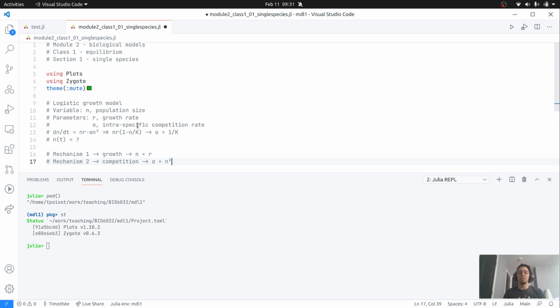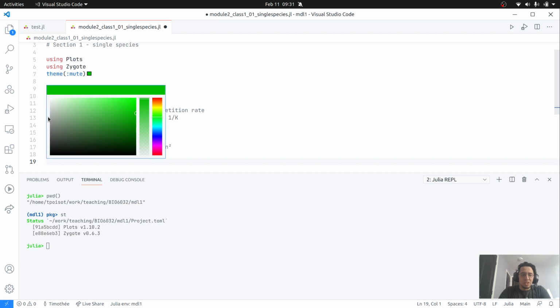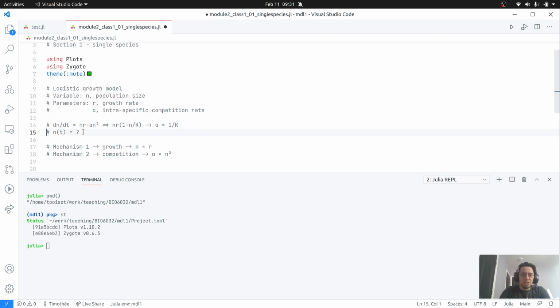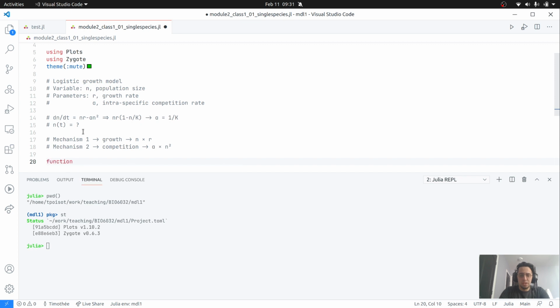And so we can put that into a differential equation. So let's write a function to do that. We will have a function that we will call logistic.